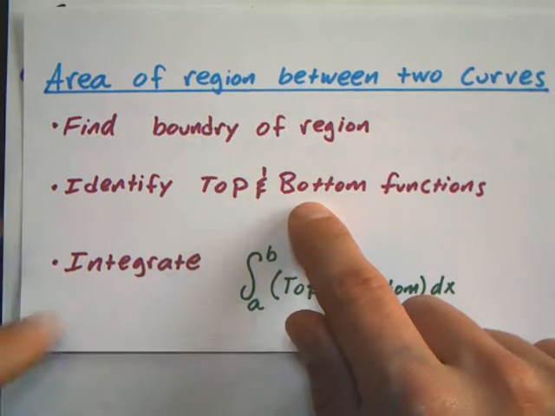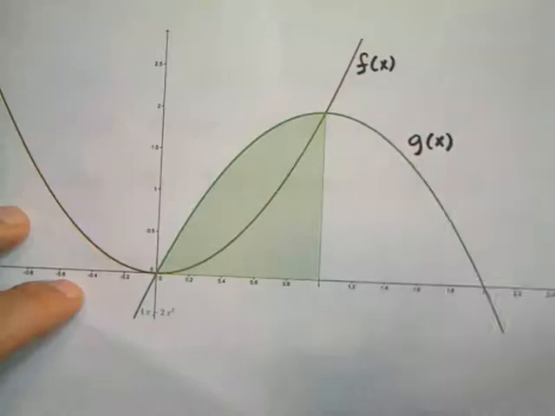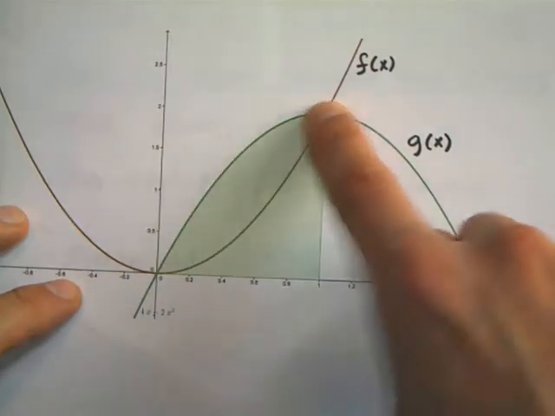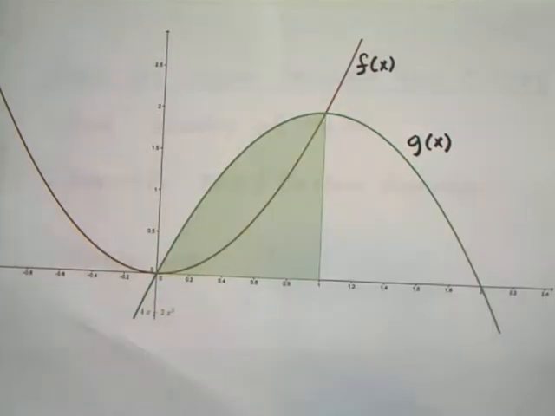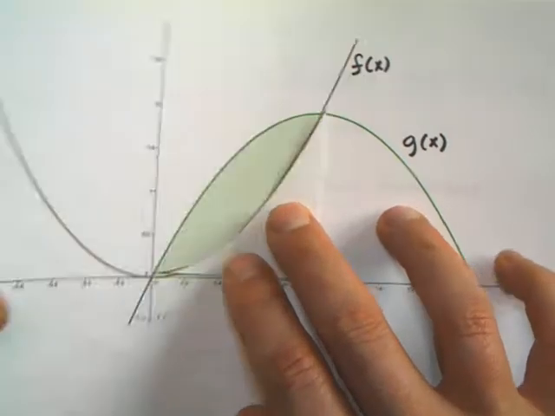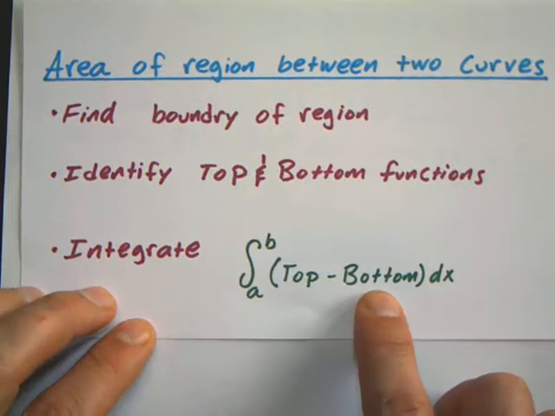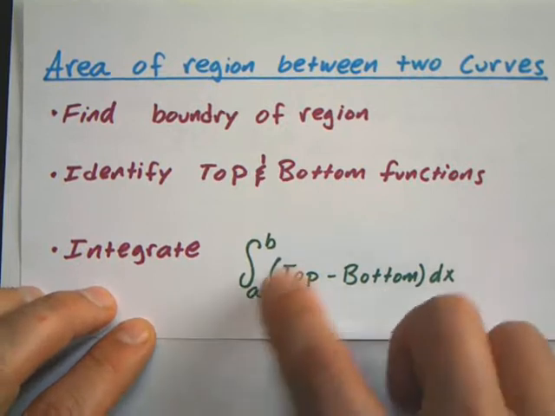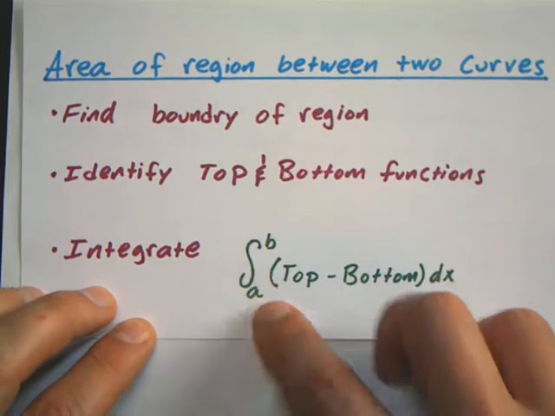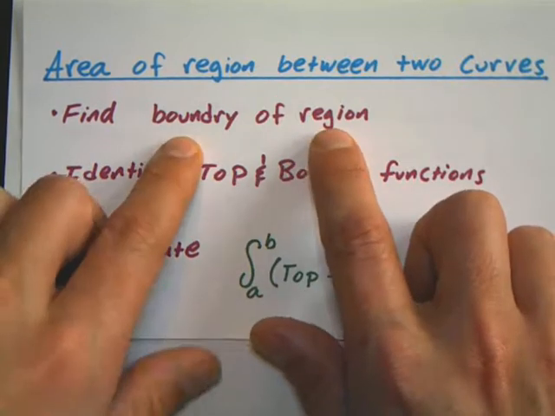You want to figure out basically which is the region that's going to be on top and which is the bottom region you're going to be subtracting away. And then the last step is to integrate the top curve minus the bottom curve, and then a and b are going to be where your region starts and ends. So a and b refer back to finding the region that it's bounded by.